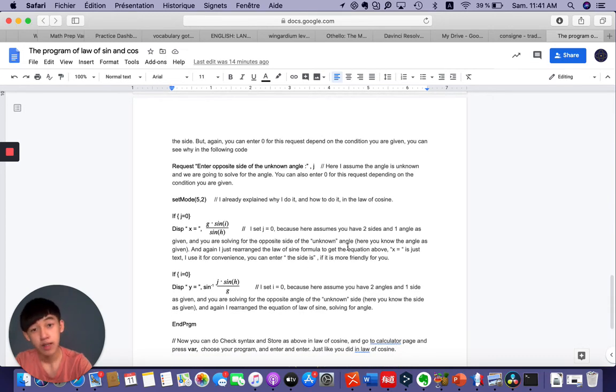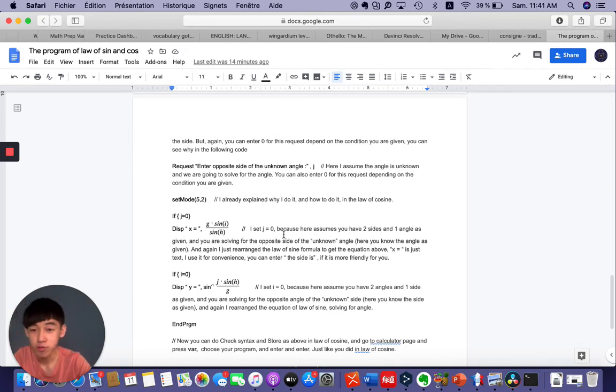So actually you can just remember it as it is for when you have two sides and one angle as given, and you want to solve for the opposite side.